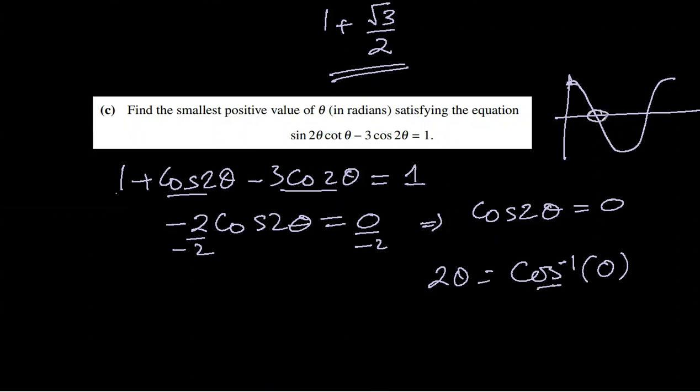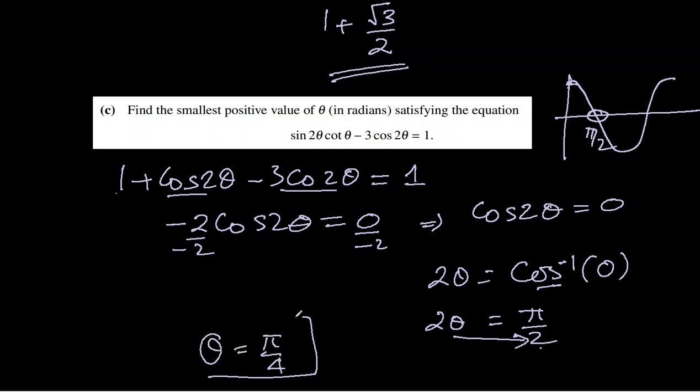The smallest possible. This angle is pi by 2, right? So that's what we will write, the smallest value. 2 theta equal to pi by 2. And we can divide by 2, or cross multiply here. So final answer is theta is pi by 4. This is the smallest angle for which this equation is true.